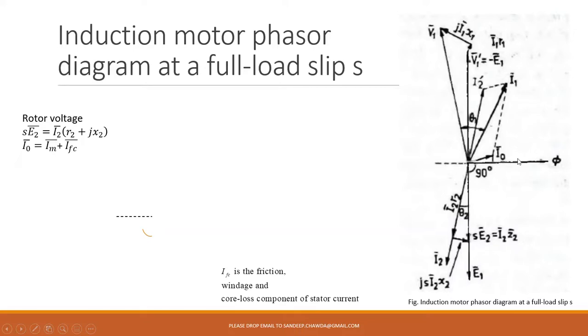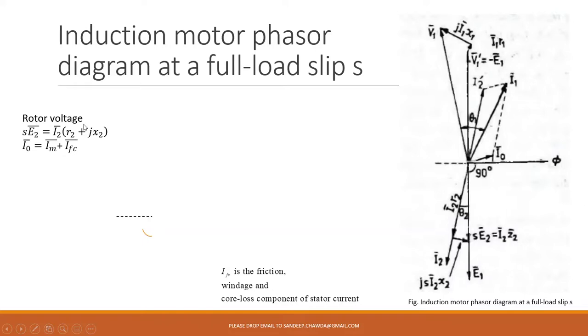Basically here in I0, one thing you need to keep in mind, that now your rotor is revolving. When rotor is revolving, what would happen? There will be friction and windage losses. So that is also added into this one. Here in case of IC, it will become IFC.